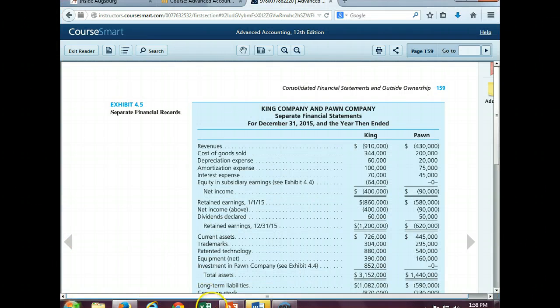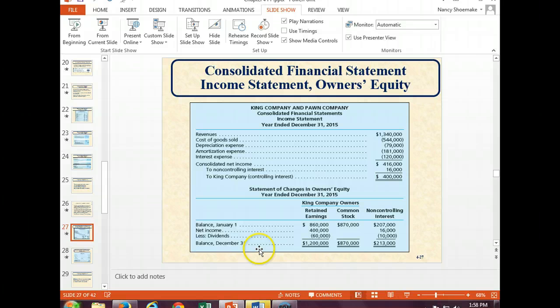So if we go back here, we show the allocation, and we show here on our statement of owner's equity what we started the period with, what we're adding as income, and what we then subtract as dividends to get our ending balance.